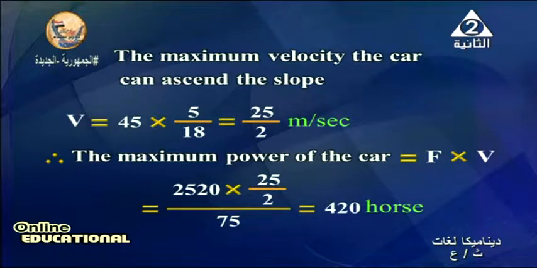Note that the force is in kilogram weight and the velocity in meter per second, then kilogram weight meter per second divided by 75 equals horse power. Then the maximum power of the engine equals 420 horse.